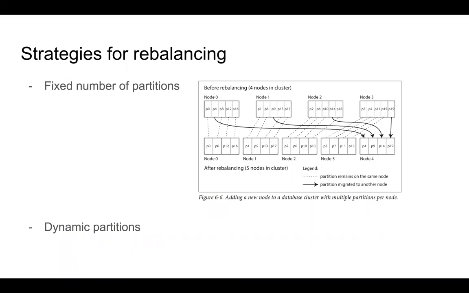One more thing which the author mentioned: in the fixed number of partition approach, when we configure the system, initially we have to specify that 1,000 will be the number of partitions in my system.